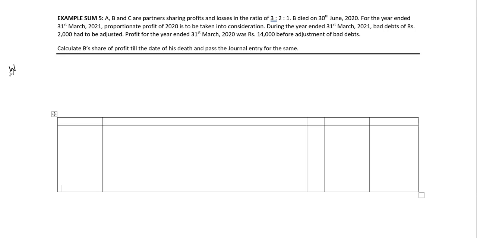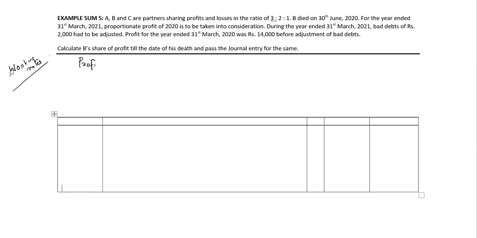We'll begin with the working notes. The profits for the year ended 31st March 2021 is to be equal to the profits for the year ended 31st March 2020, which is rupees 14,000.